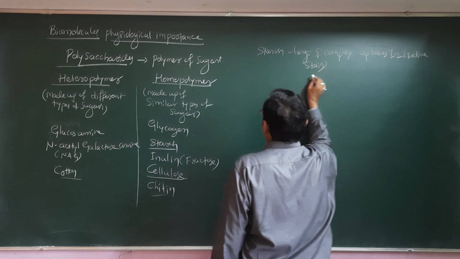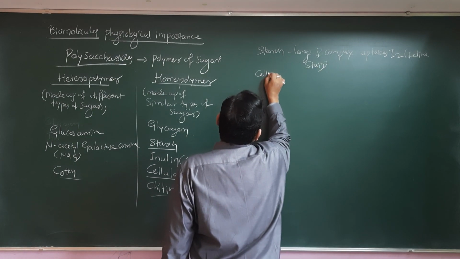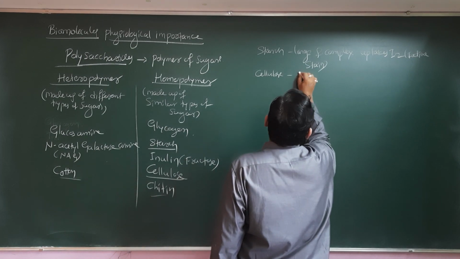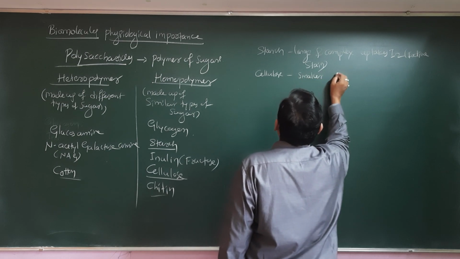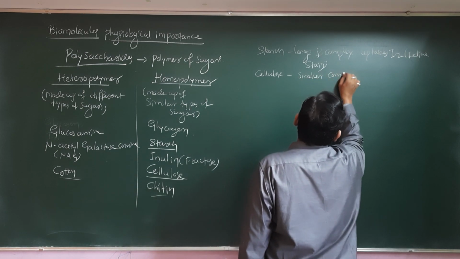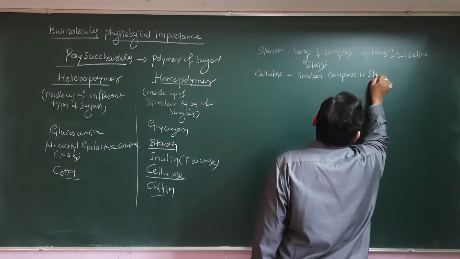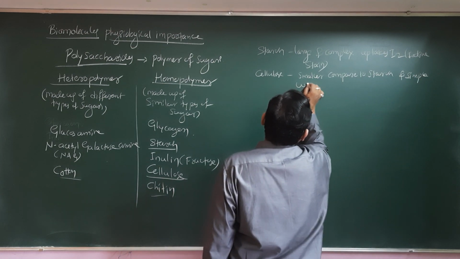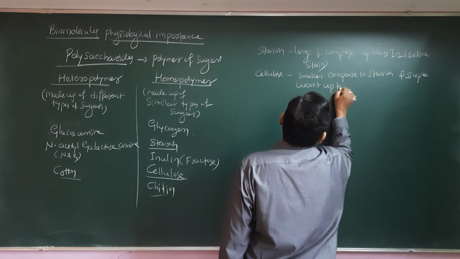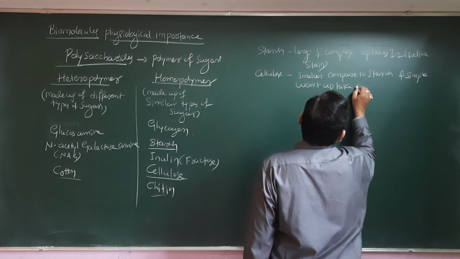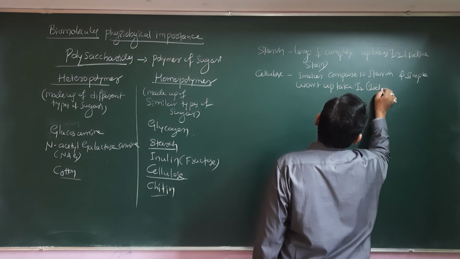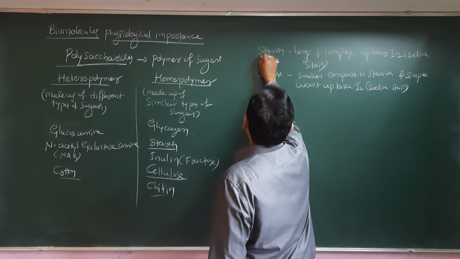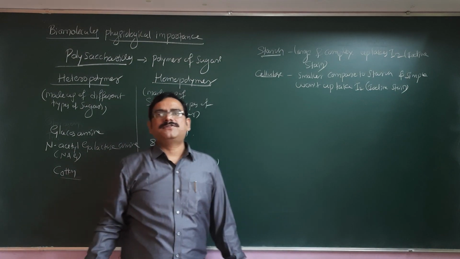Whereas cellulose, seen in the cell wall of plants, is smaller compared to starch, and simple. It won't take up the iodine stain. So it won't react with iodine, whereas starch reacts with iodine and gives a positive test.